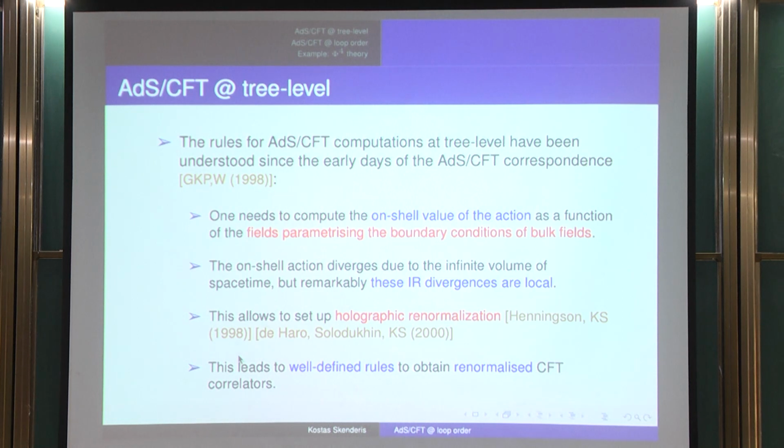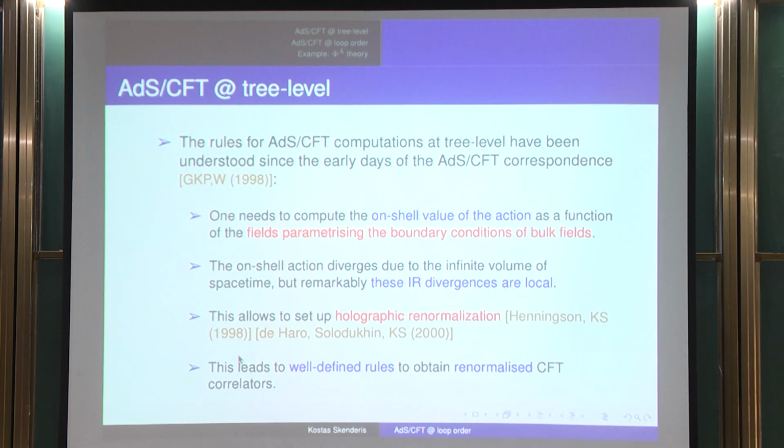So you do expect infinities, because the volume of spacetime is infinite. And these are infrared infinities, because these are infinities that come from long distances. But quite remarkably, it turns out that these infrared divergences are local in the boundary data, in what you specify here.